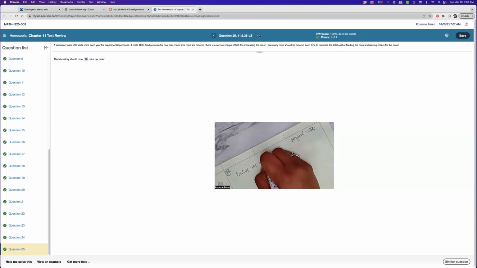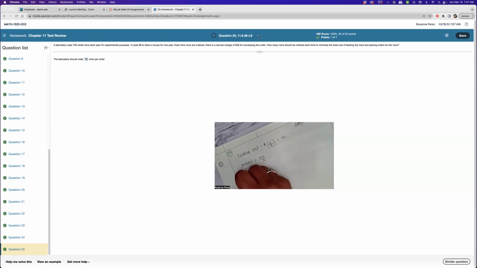So average quantity, so $8 is what it costs to feed a mouse times the average quantity. Okay, so that's going to reduce to 4x. Now, your number of runs is 700, your demand over x.